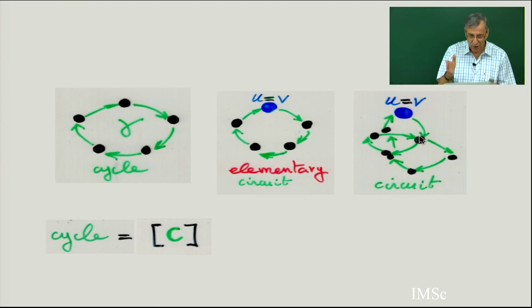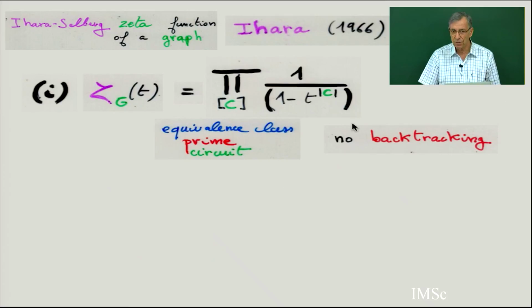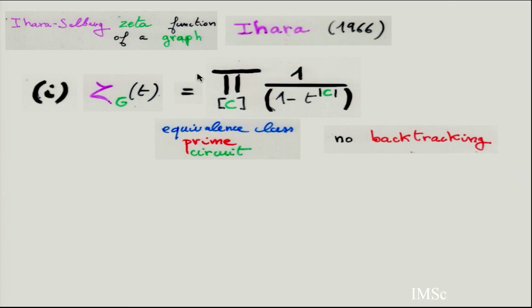So the class is such circuit up to a circular permutation, means you forget what was the origin and ending point of the circuit.